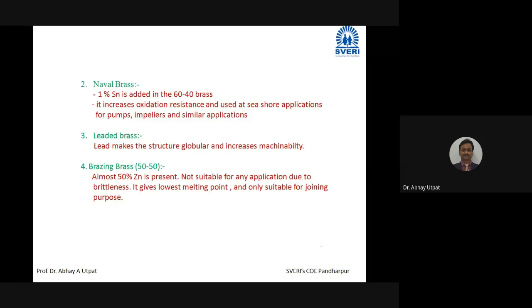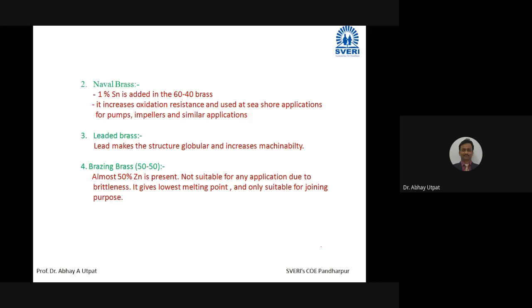Next one is naval brass. Now I repeat earlier four processes, four applications. So many students get confused and they mix these applications here and there in alpha and alpha beta.